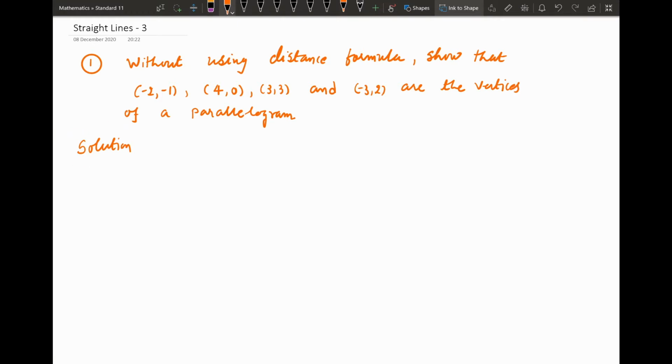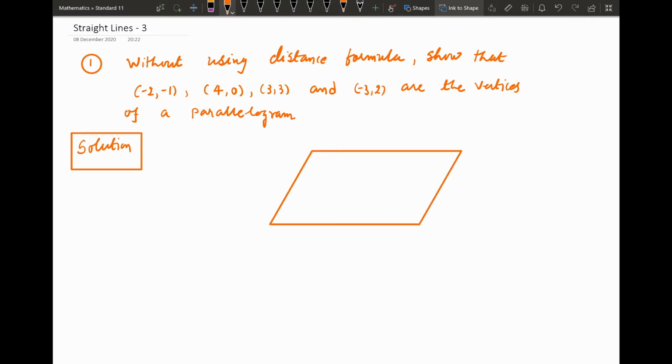Without using distance formula, we have to show that -2 comma -1, 4 comma 0, 3 comma 3 and -3 comma 2 are the vertices of a parallelogram.